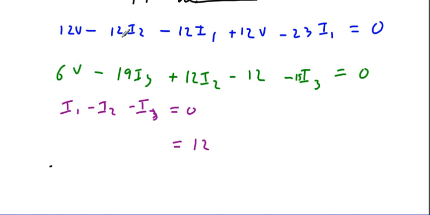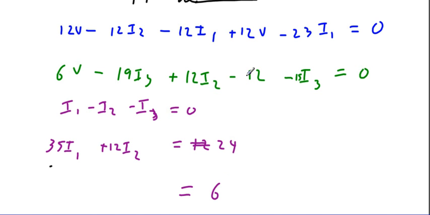So I've got 35 I1 goes on the other side of the equation, making it positive, and plus 12I2 is equal to not 12, but 24. And then the third equation, I'm going to have something equal to 6.